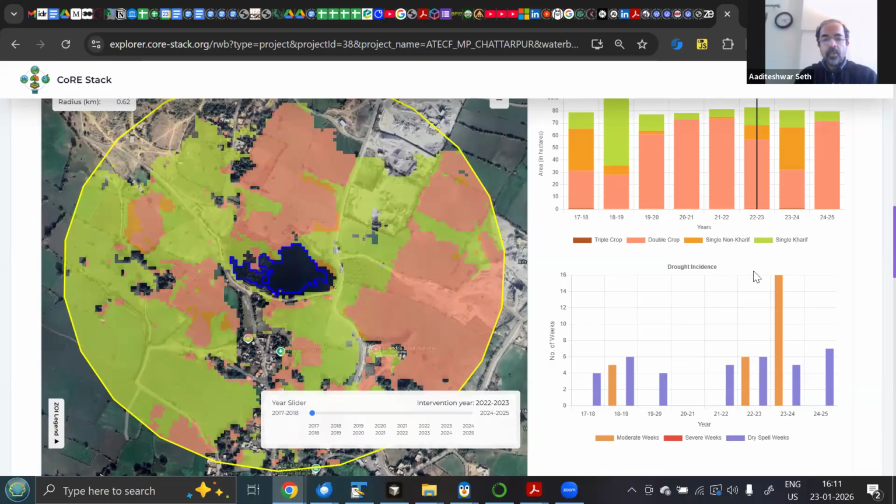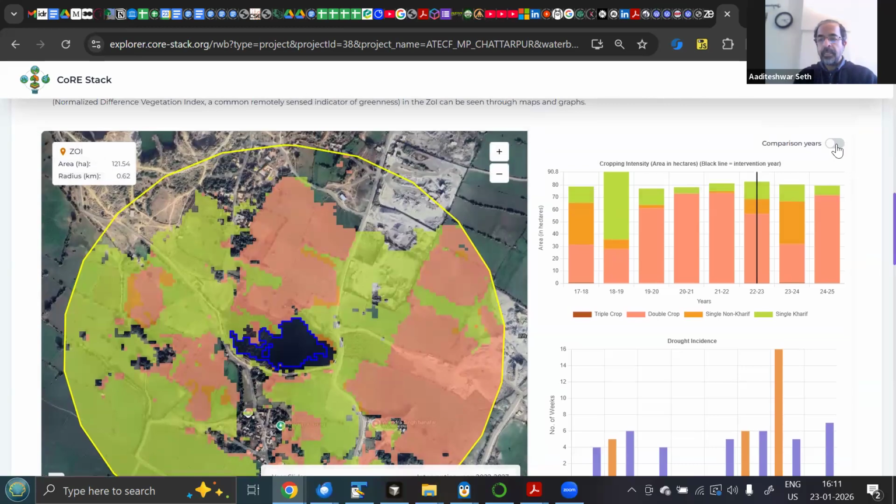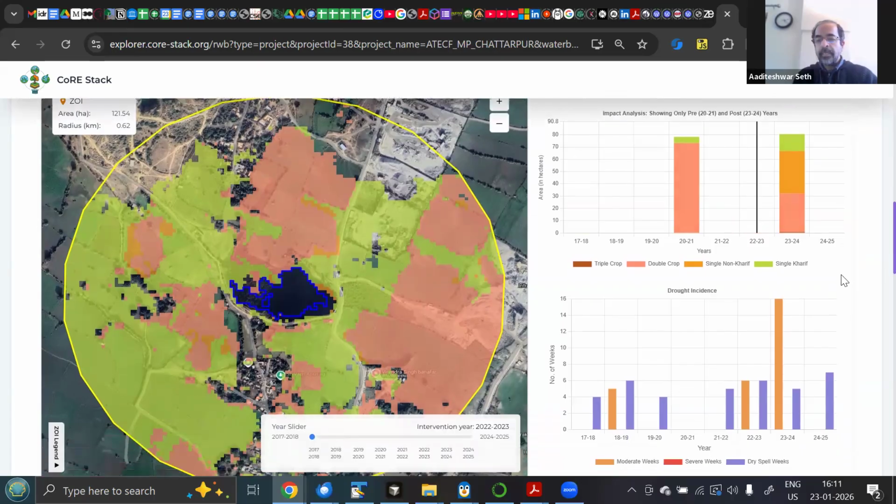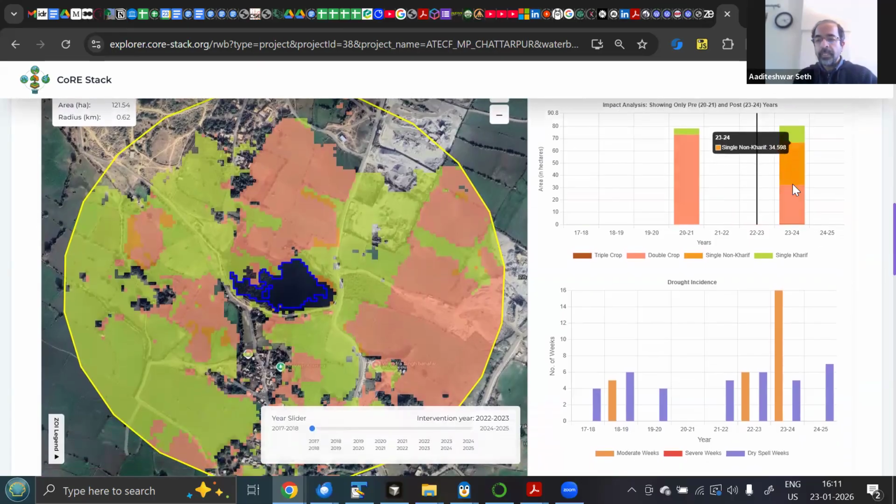However, actually on this, we don't see much change. Here also, we can do the same thing, comparing the post-intervention with the pre-intervention. And in fact, over here, we do see that more double cropping is happening, which basically means that people planted two crops in this year, not just one crop.